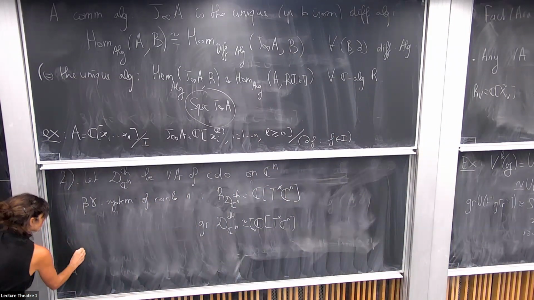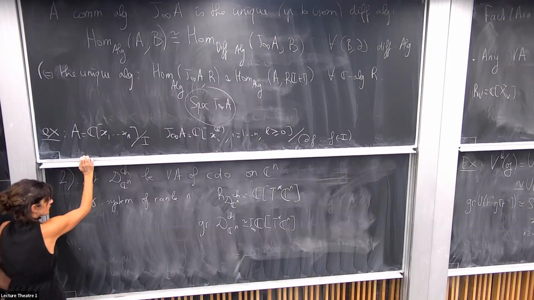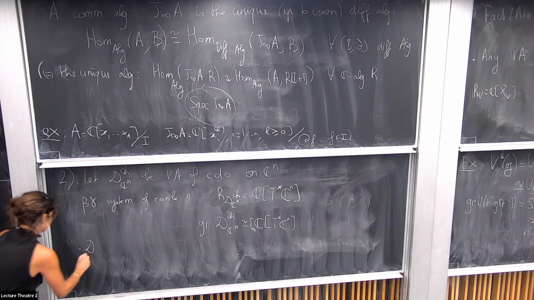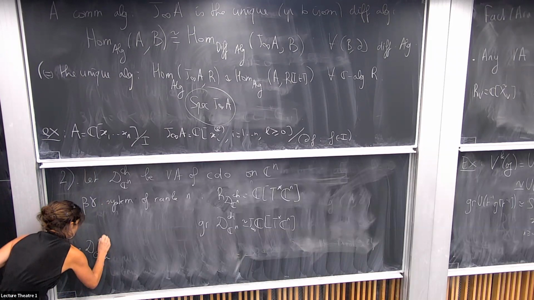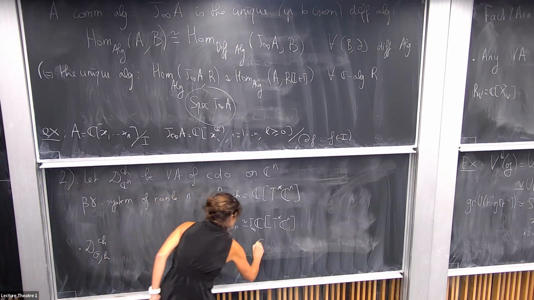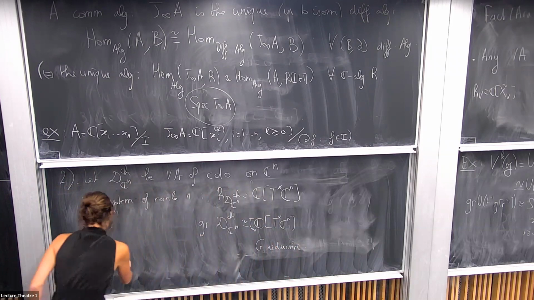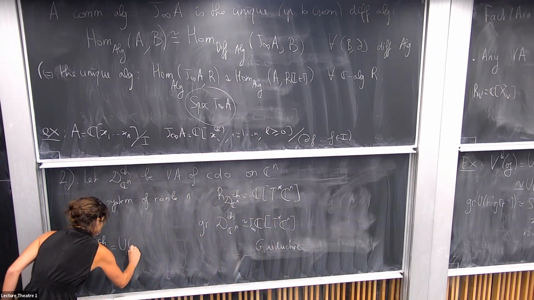And I would like to consider another example similar to this one. I would like to consider the vertex algebra of CDO on G. So here G is reductive. And this has an explicit description as follows.